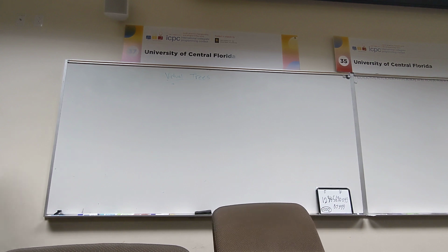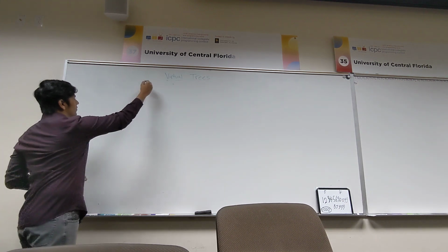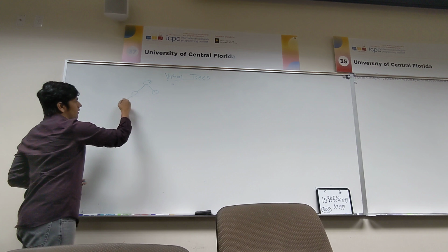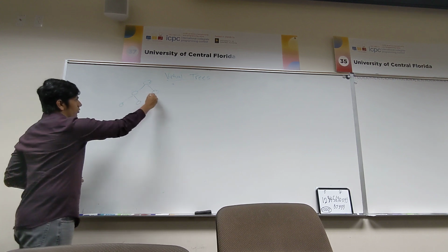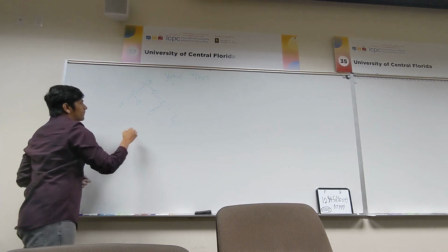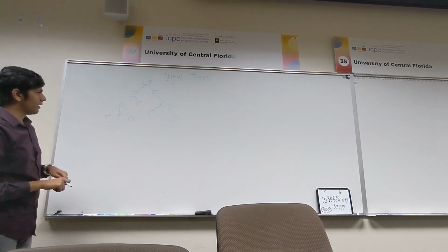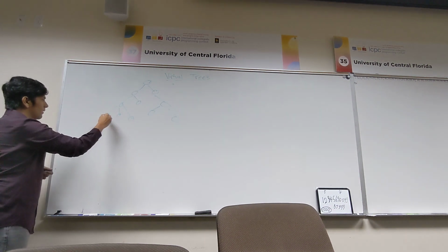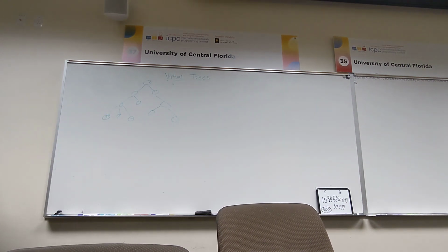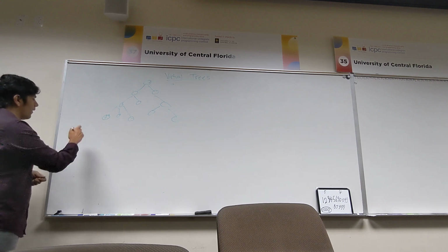Okay, so for this problem, you're gonna have a tree with a bunch of nodes and a root, or you don't have to make it a root, but we're gonna root it anyway. And you're gonna color these nodes in different colors, and you have some function for some path on the tree.